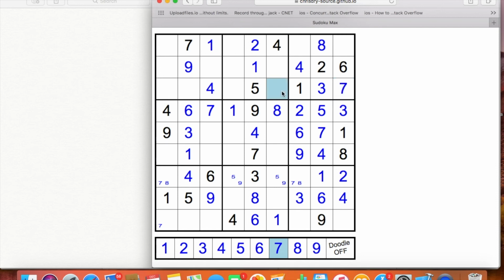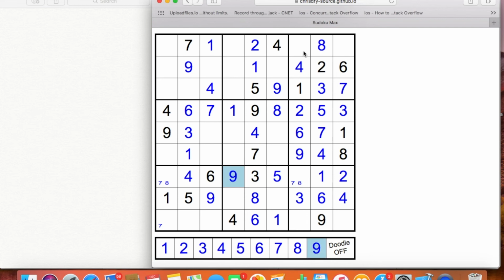The only place for a 9 now is in this square, in that line. It can't go there, of course, because it would be another bottom left. So 9 goes there. That means that this must be a 5. That must be a 9.